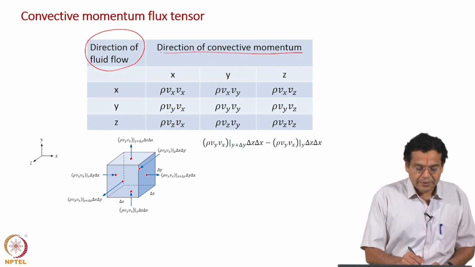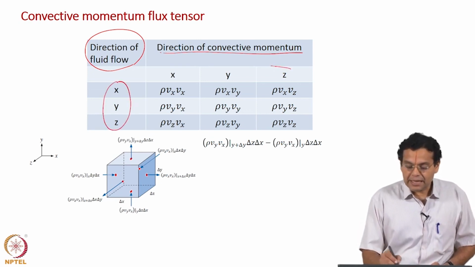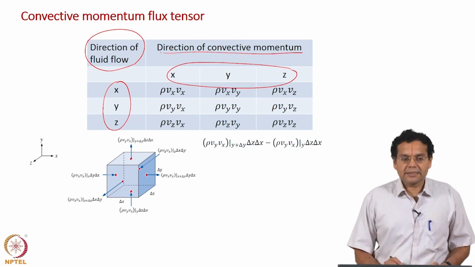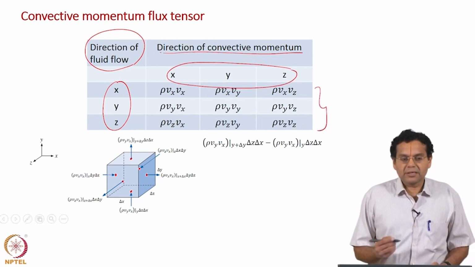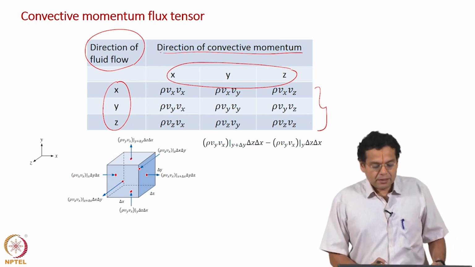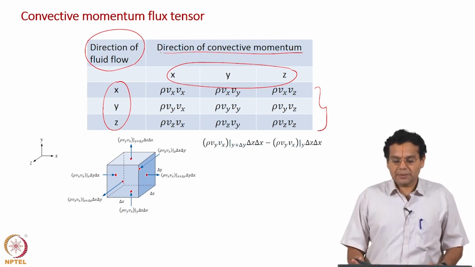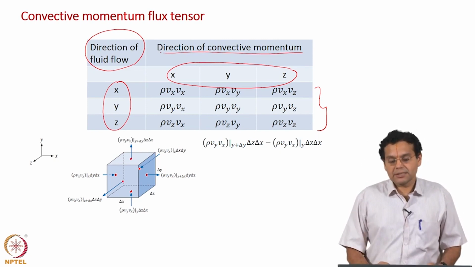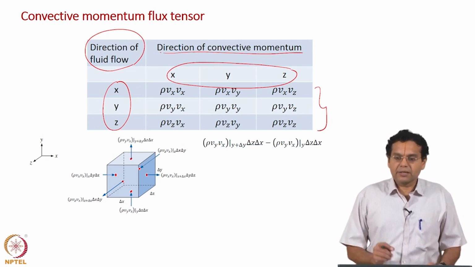So, the direction of fluid flow can have 3 directions, the direction of momentum can have 3 directions, and that is why you have 9 components of the convective momentum flux tensor. So, this clearly explains how there are 2 tensors, one on the right hand side representing the viscous stresses, one on the left hand side representing the convective momentum flux.